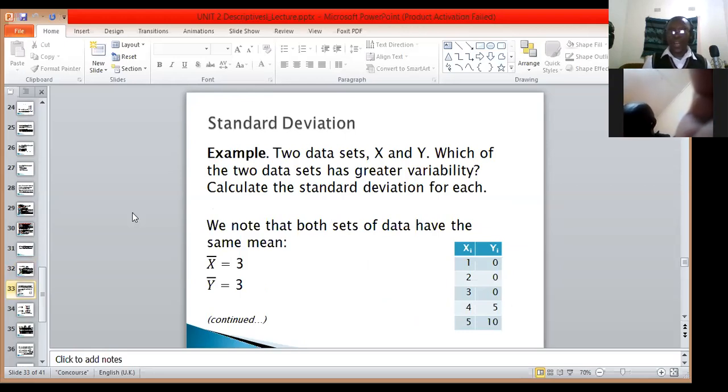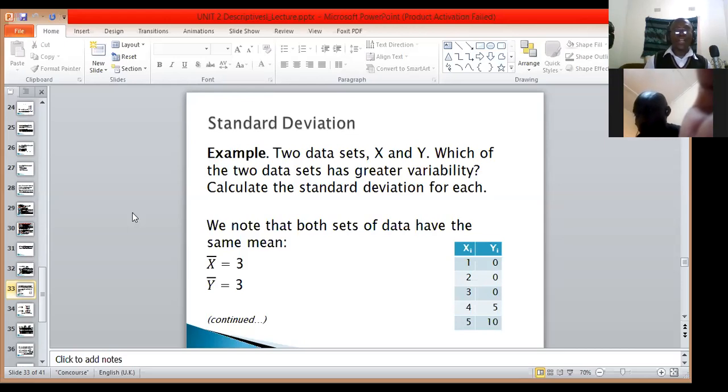If you add these measurements, you find the same sum, but the arrangement of the data is different. Y begins with 0, 0, 0, then has 5 and 10. When you add this, you get 15. X begins with 1, 2, 3, 4, 5. If you add them again, you get 15.